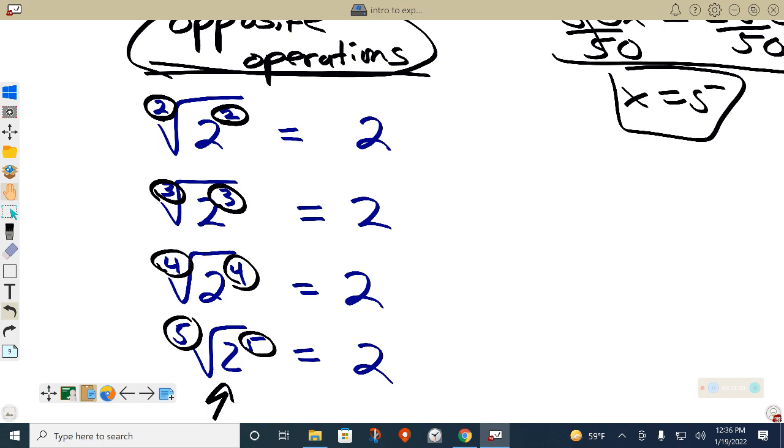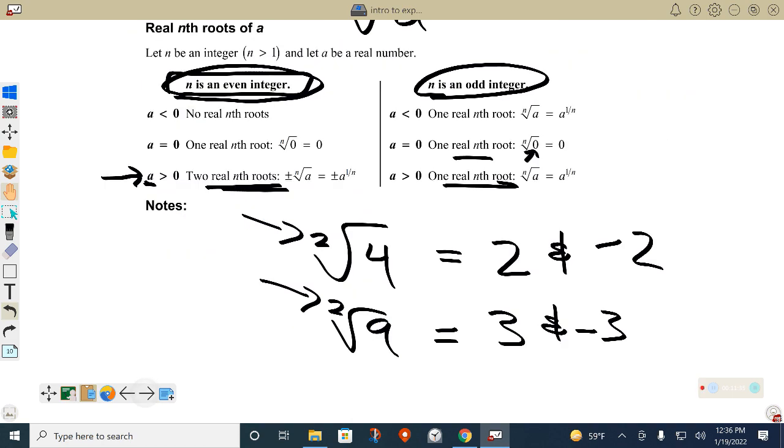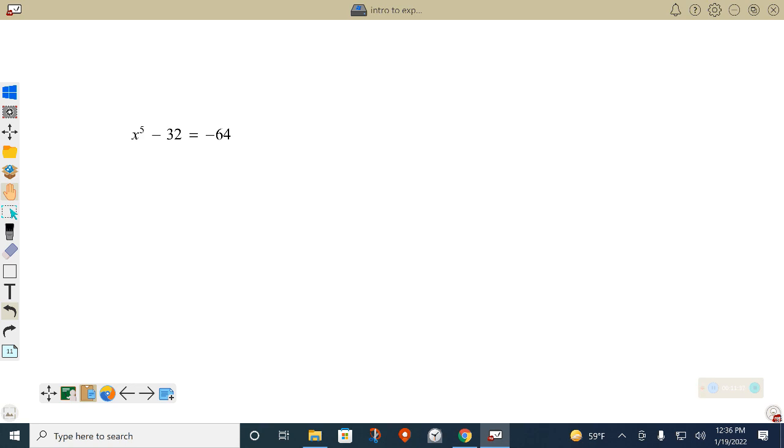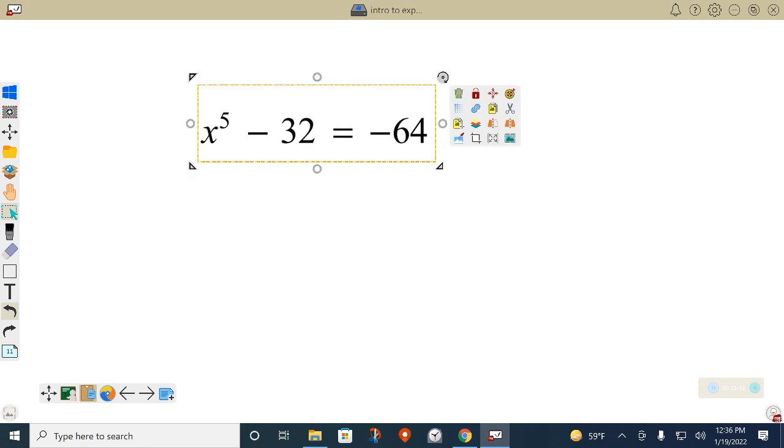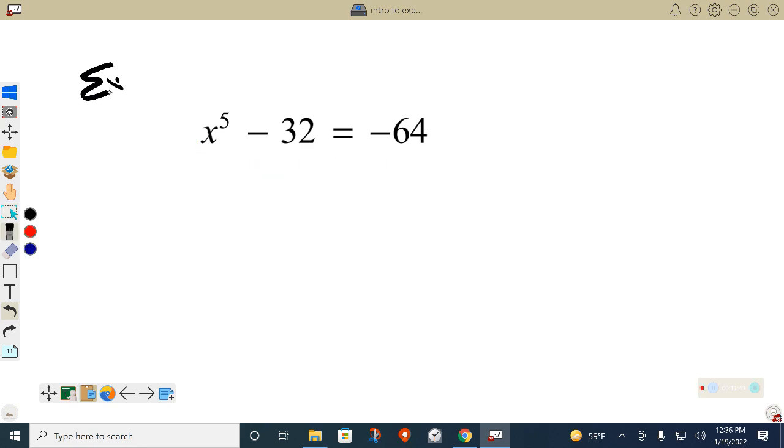Here's example 1. Go write example 1. There's an equation you've never seen before. I'll bet a lot of money you've never seen an equation that looks like that. I could be wrong though.